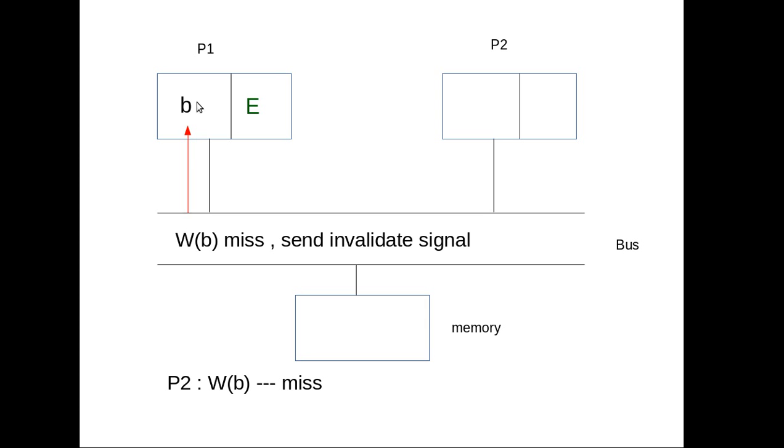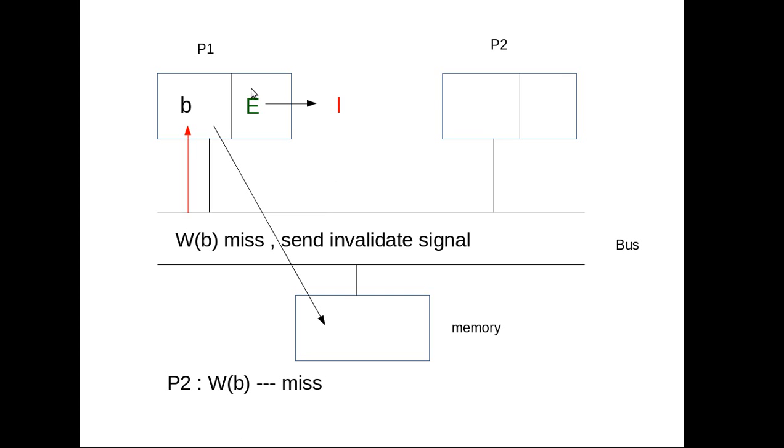as B is in exclusive state, it's the latest copy, so it has to write back to the memory. So here write back operation is performed, then it is made invalid. Exclusive state to invalid state by write miss.